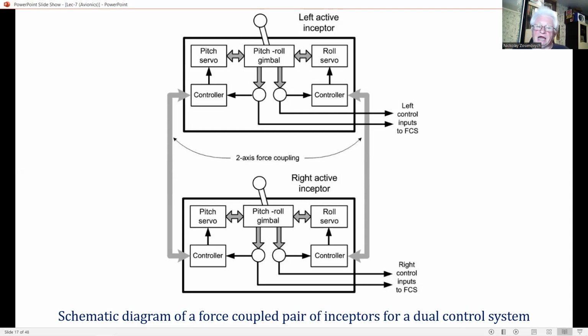Active inceptors can be made relatively small and compact. However, this is not always the case. Both the Boeing 777 and 787 have a fly-by-wire flight control system, but retain the traditional control yokes, which are coupled to an active inceptor. The fly-by-wire control laws and the active force feel system give these aircraft very similar handling characteristics to other Boeing airliners with conventional mechanical signaling control.